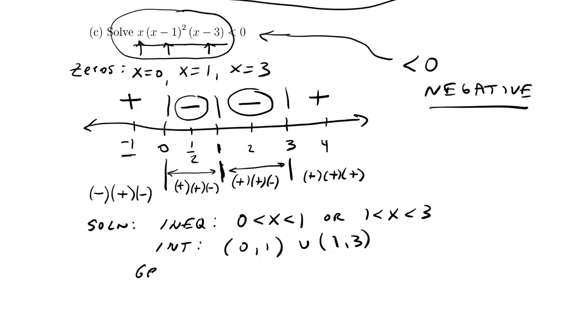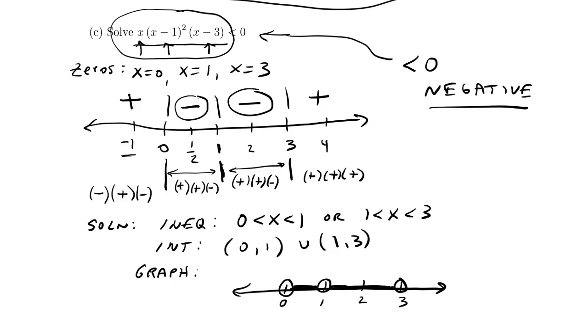And graph-wise, this graph is going to look a little strange. Let me put 0, 1, 2, 3. I'm going to have open at 0 and open at 1, take everything in between. And then from 1 to 3, I'm still open at 1, and then I'm open at 3 and take everything in between.